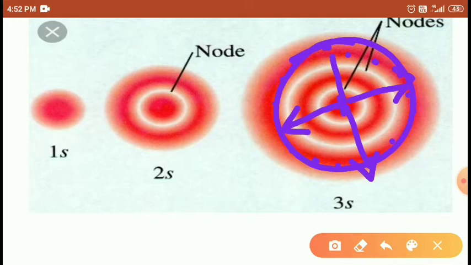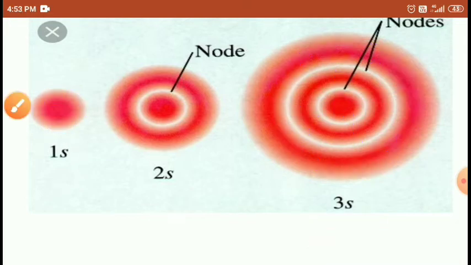That is why it is called a boundary surface. Right, students? Or take the 1s orbital. If the nucleus is here, the dot portions are the electrons. At any point of the electrons, the electron density remains the same and constant. That is called a boundary surface. Right, students?